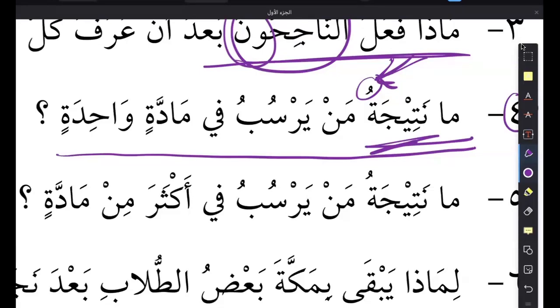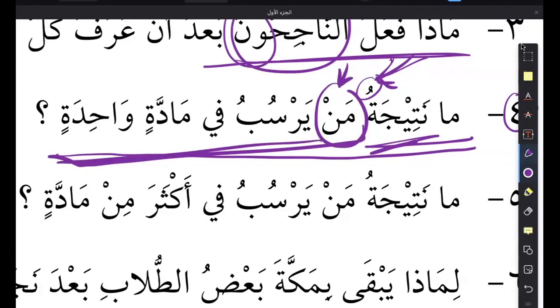But if I say book of the one who was running yesterday, this is still your possessive case. It's just that I'm describing Muhammad in a whole different way. You understand this concept? So that's what's happening. This is still your mudaf ilayhi. Man is your mudaf ilayhi, and then the man expands because it's an ism mawsul.